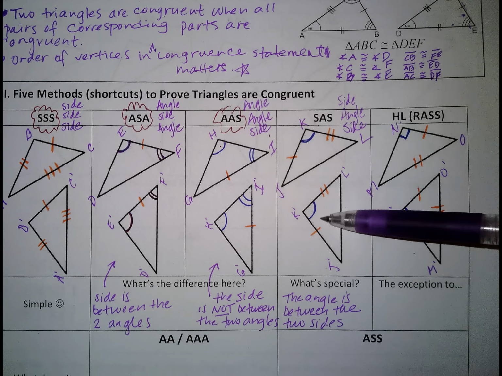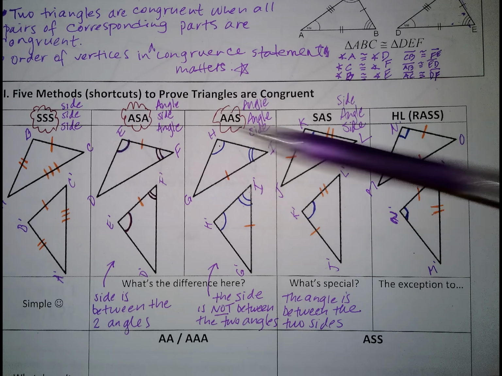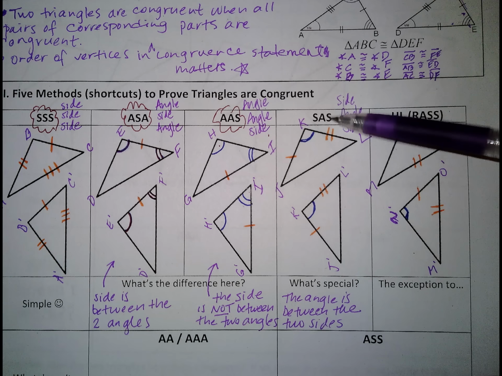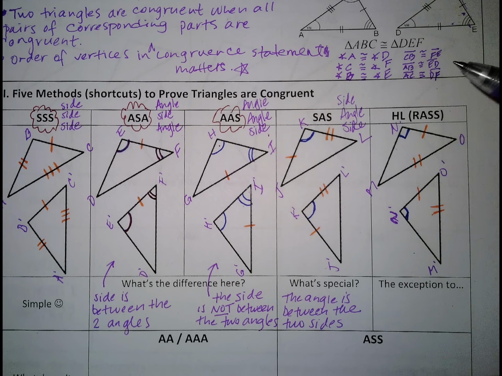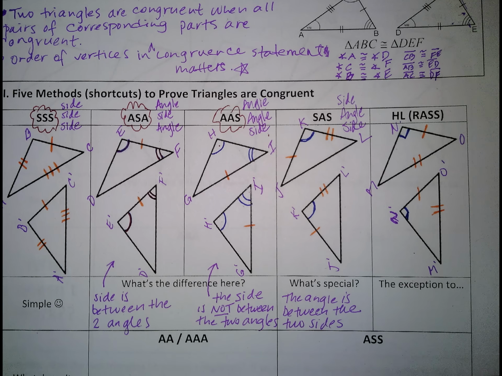Whereas in the previous case, the side is in between the two angles, with side, angle, side the angle is in between the two sides. Side, angle, side. That's the fourth way to prove that triangles are congruent. If this is the case, your triangles will lay over each other flat.